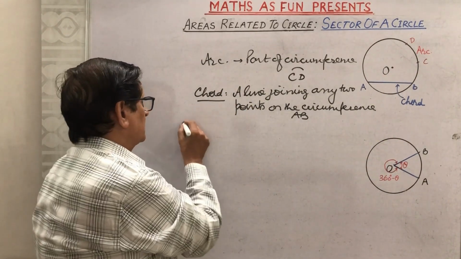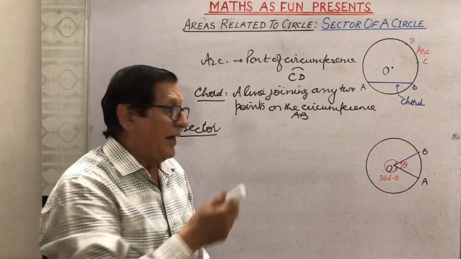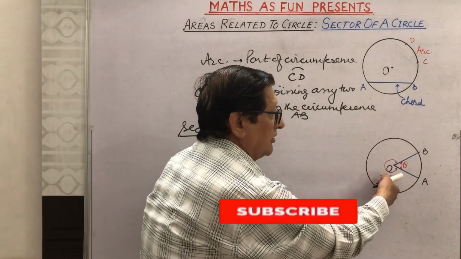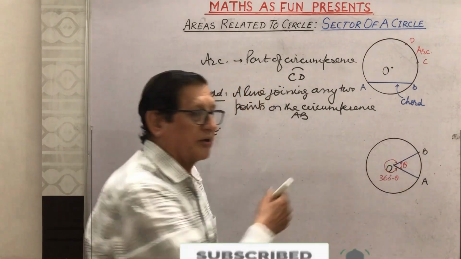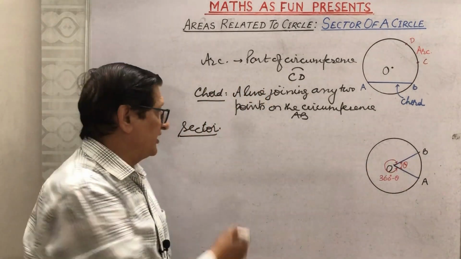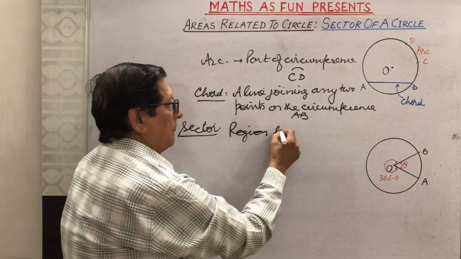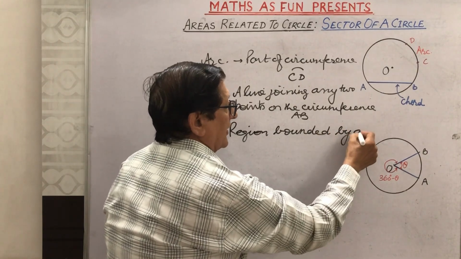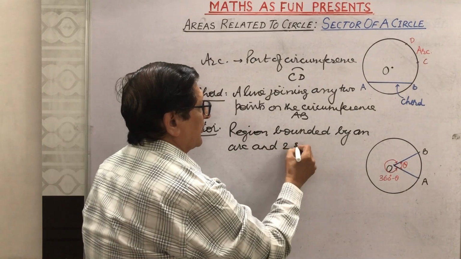Now let's learn about the sector. What is a sector? Actually, sector of a circle is the region of the circle bounded between an arc and two radii. So we can say the region of a circle bounded by an arc and two radii.